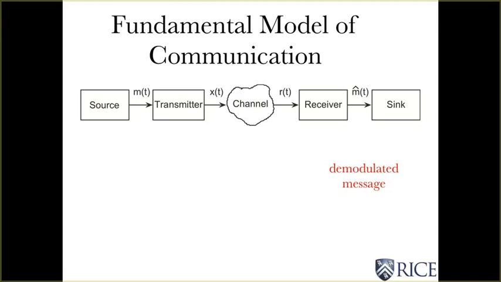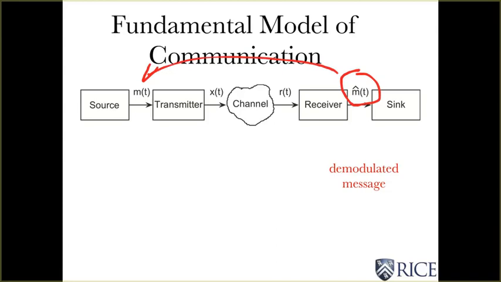I put this hat on top of the symbol because it means that it's not exactly equal to M. It's an approximation to M. So M hat basically equals the message M plus some error.